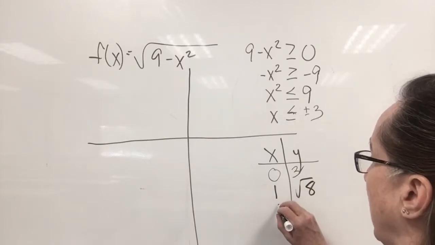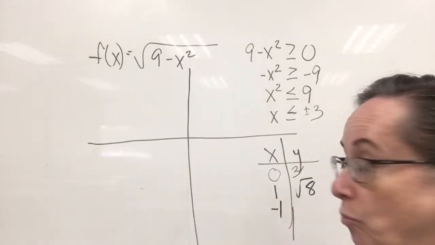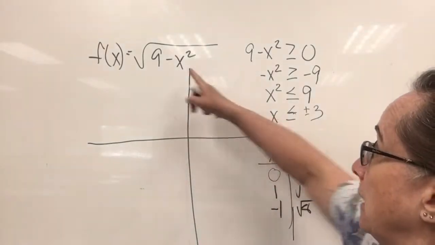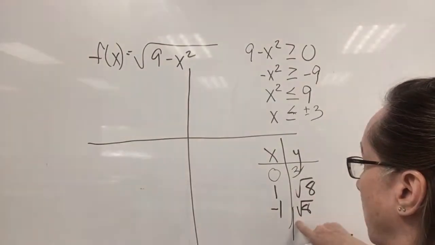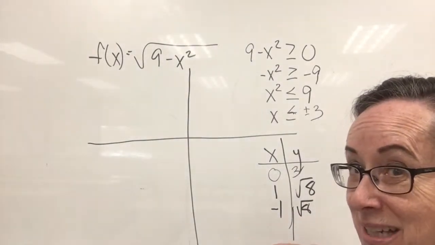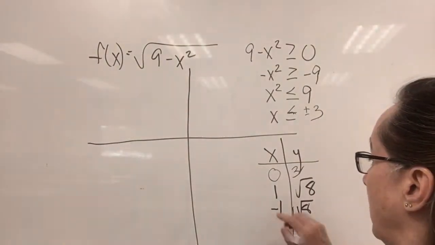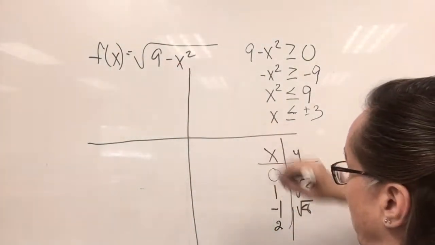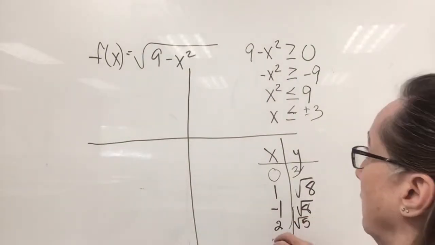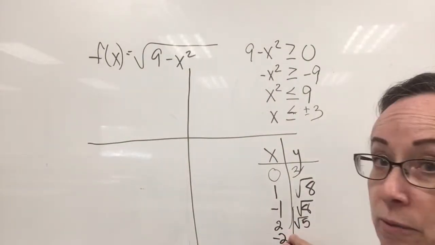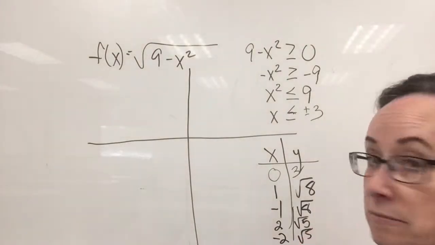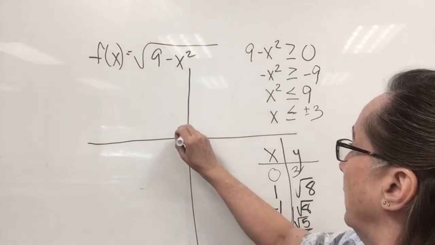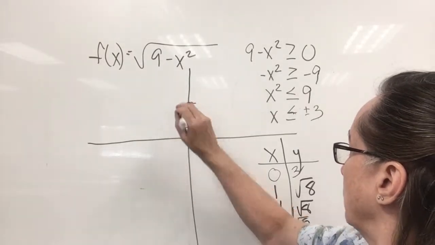And if we put in a negative 1, then wouldn't we also have the square root of 8? The negative is going to square out. Not 1 to 1, is it? Then if we plugged in a 2, we'd subtract 2 squared, which would be the square root of 5. And if we plugged in a negative 2, it would also be the square root of 5, not 1 to 1. Okay, so let's graph this. We've got 1, 2, 3, because we're told to graph it.